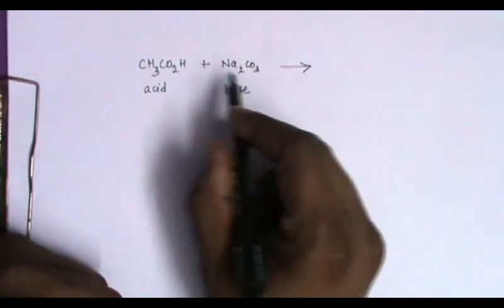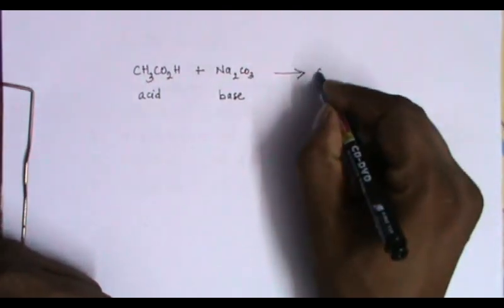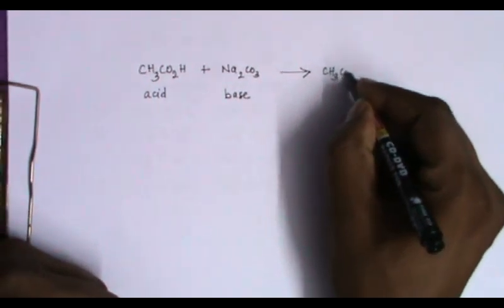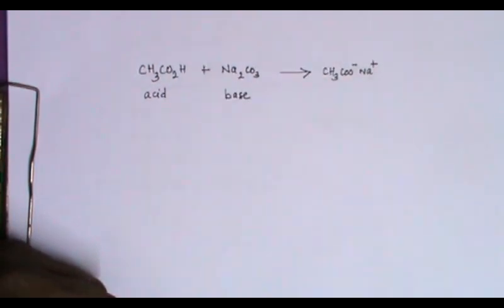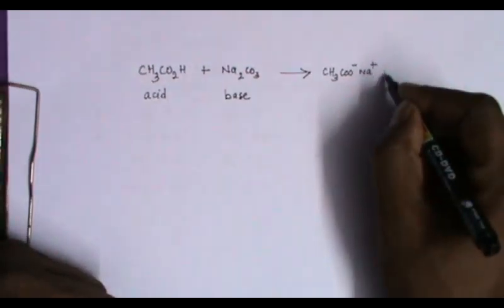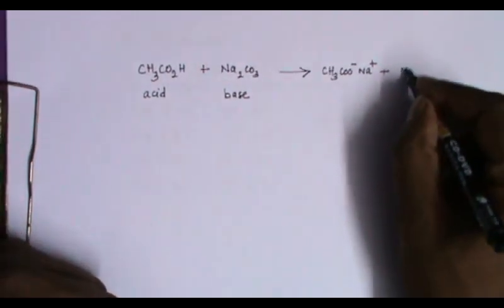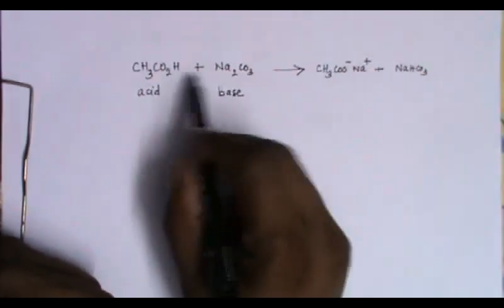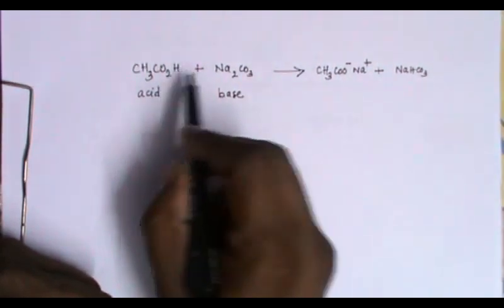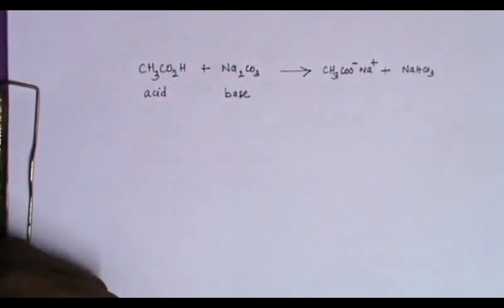Sodium carbonate will abstract the proton from acetic acid to give acetate ion. In fact, we get sodium acetate. Also, we get sodium bicarbonate. The base abstracts one proton. After that, we get sodium bicarbonate.